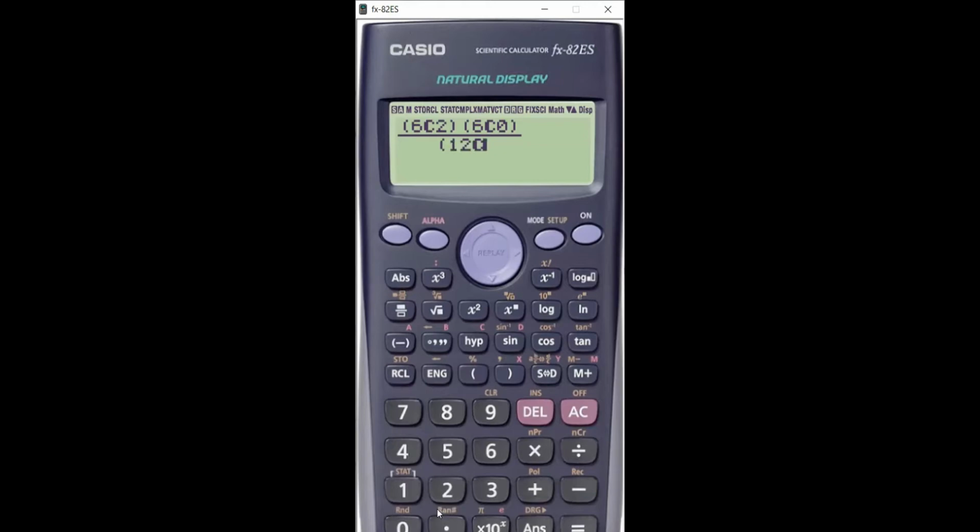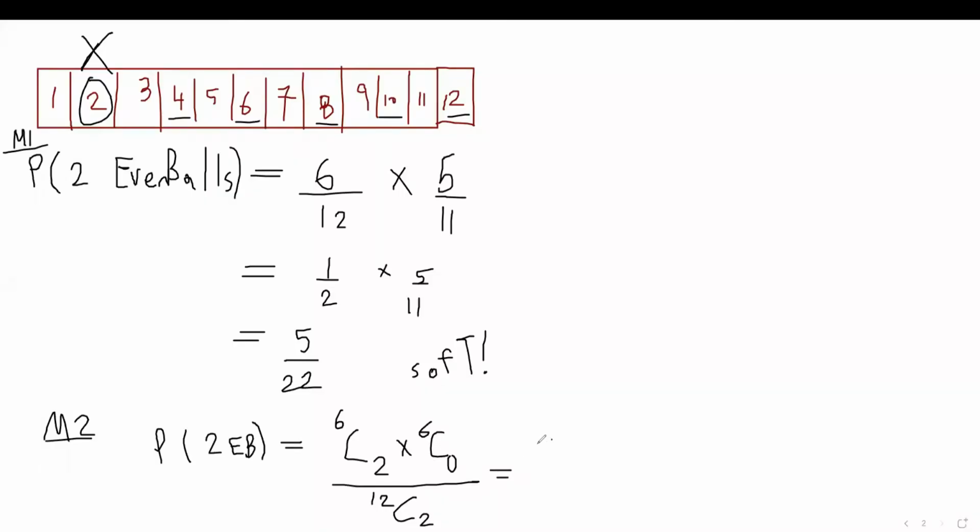That's just how we do probability. You work that out, and see, same 5 over 22. Nice. So any method you want to use, you get the answer.